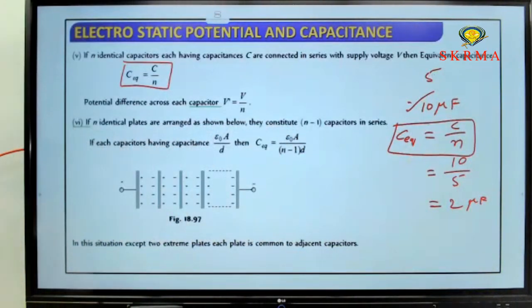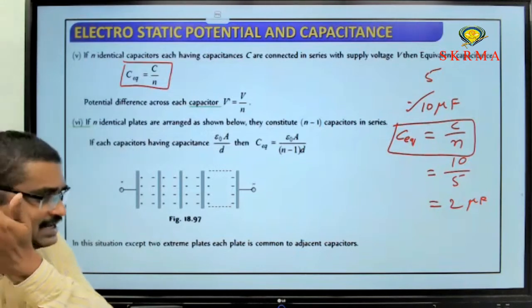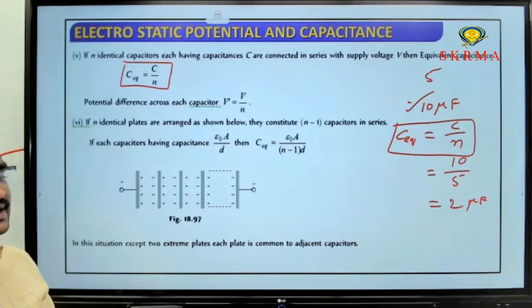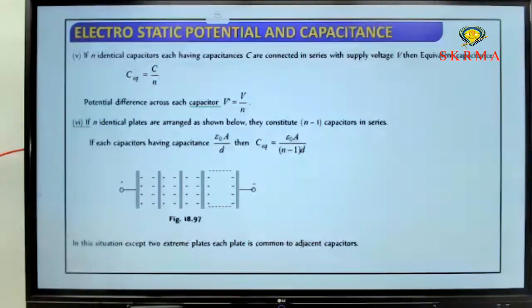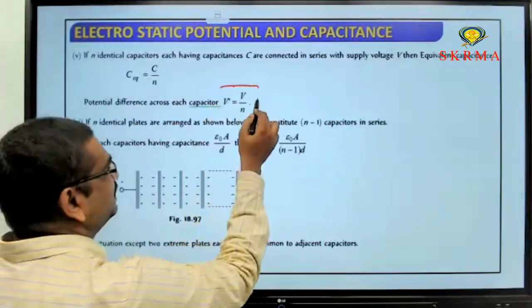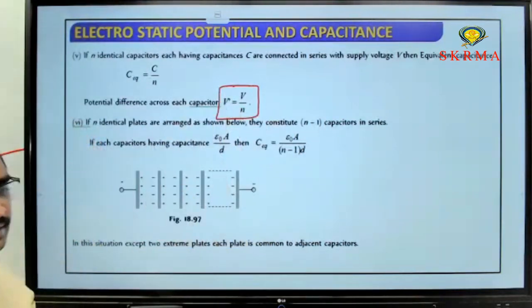So if n capacitors are connected in series, the equivalent capacitance is C by N. Next, what about potential difference? Potential difference across each one is also V by N.